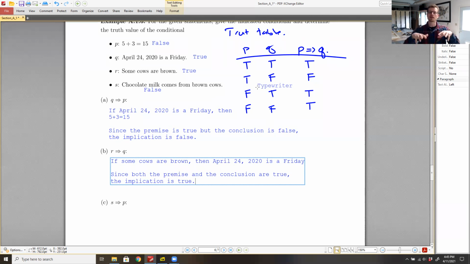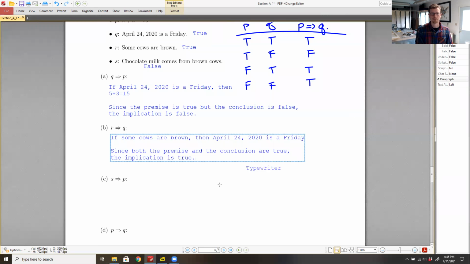But in its most basic definition, an implication or a conditional statement, the premise and conclusion don't have to have anything to do with one another, right? Because all we want to know is whether it's true or false. In the section on writing proofs, of course, we want to prove that the implication is true.